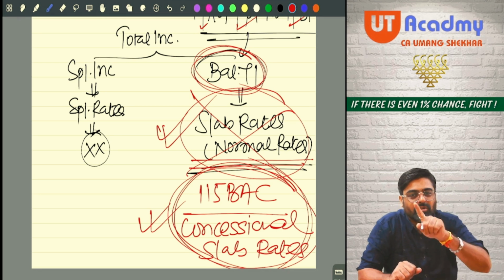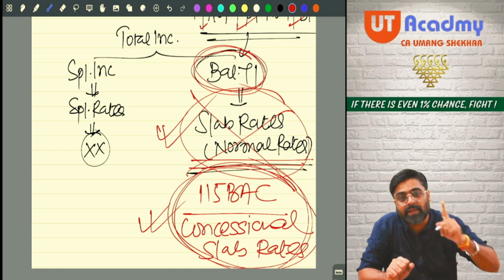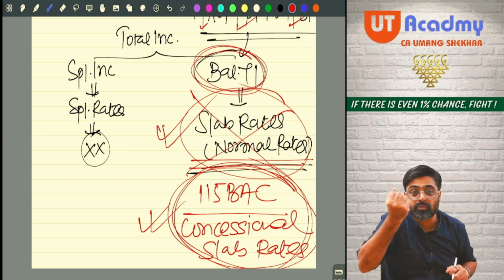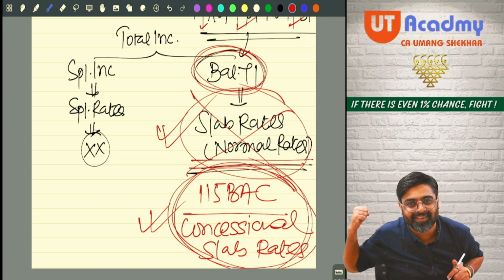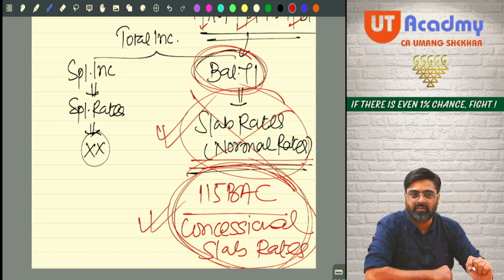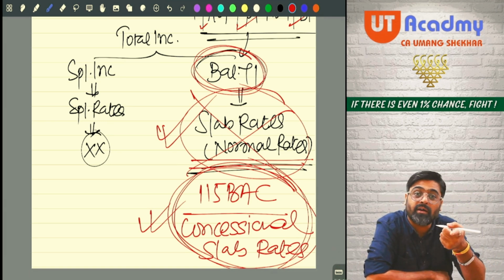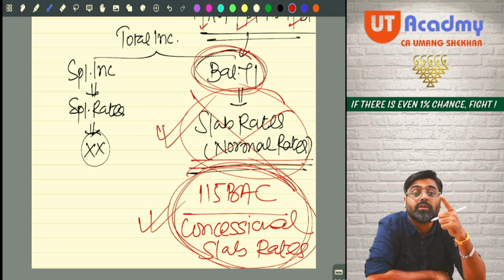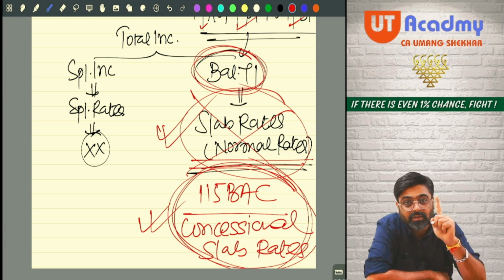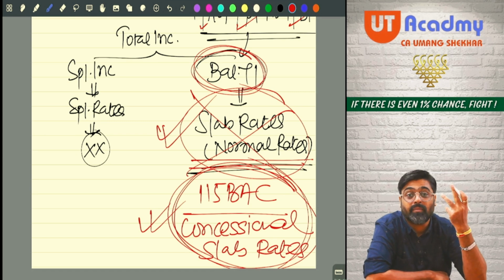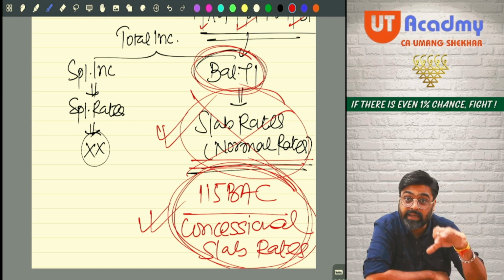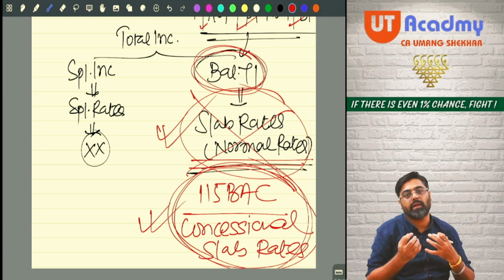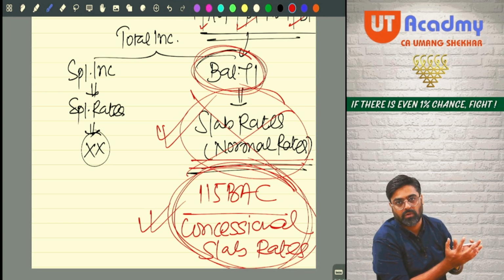Why? Because the government is giving you benefit in tax rates. Just imagine, if the government is giving with one hand, don't you think it will take away many things with the second hand? Giving you benefit in tax rates, so they are going to take away many benefits from you in the form of disallowance of exemptions, deductions, etc. See, there are many exemptions and deductions which you get in the Income Tax Act. After claiming those, your total income is calculated, which happens to be a very small amount.